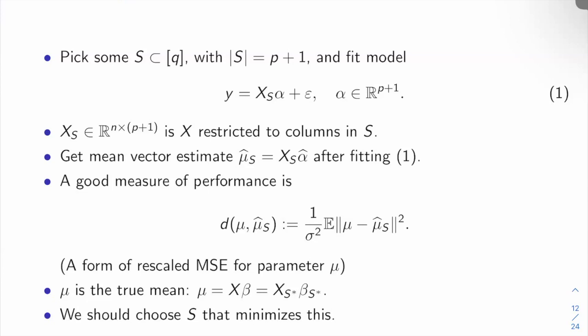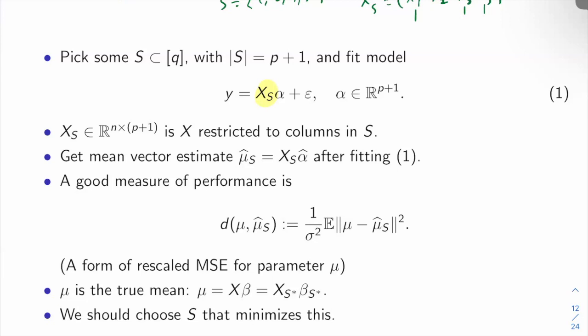So we fit this model y is X_S alpha plus epsilon. X_S is just the columns of the design matrix associated with subset S. So if I choose, for example, S to be 1, 2, 3, 5, X_S would be x1, x2, x3, x5. So only the columns associated with that subset are picked.